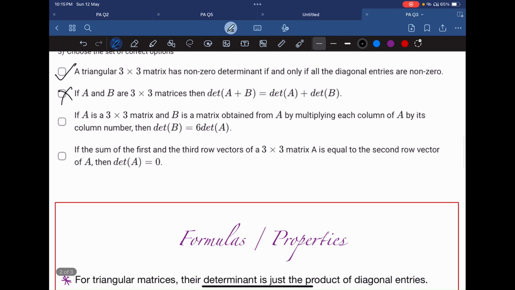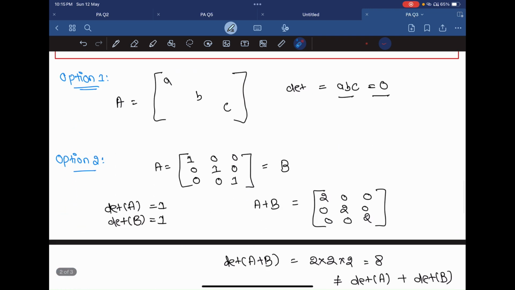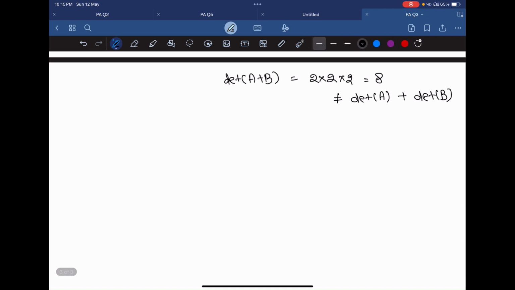Now option 3 says if A is a 3 cross 3 matrix and B is the matrix obtained from A by multiplying each column of A by its column number, then determinant of B is 6 times determinant of A. So let's see option 3 now.